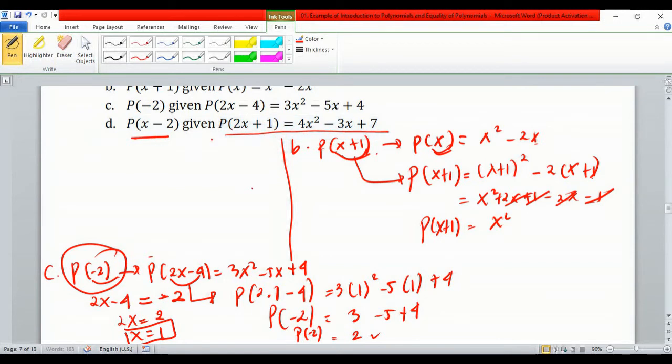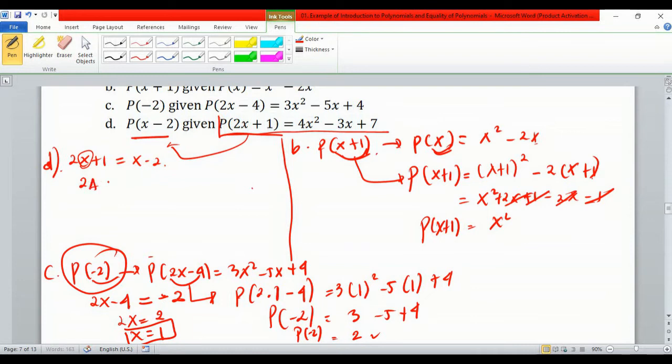Because we want to convert p(2x plus 1) to x minus 2. That is our purpose. So from here we can write, let's see, 2x plus 1 is equal to x minus 1, right? For this maybe you will be confused, so let's change x to a.